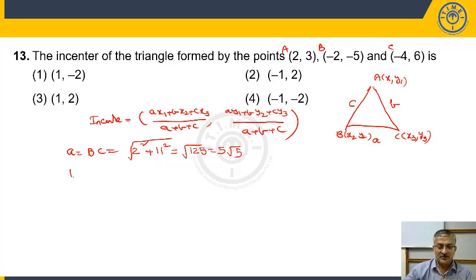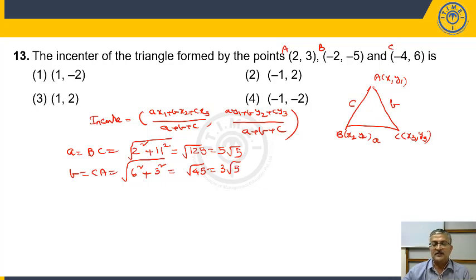Next, small b is equal to CA. CA is small b. So 2 minus of -4, that is 6 square, and 3 minus of -6, that is 3 square. So 36 plus 9, root 45. Root 45 means 9 into 5, root 9 is 3, so 3 root 5. And small c is AB.